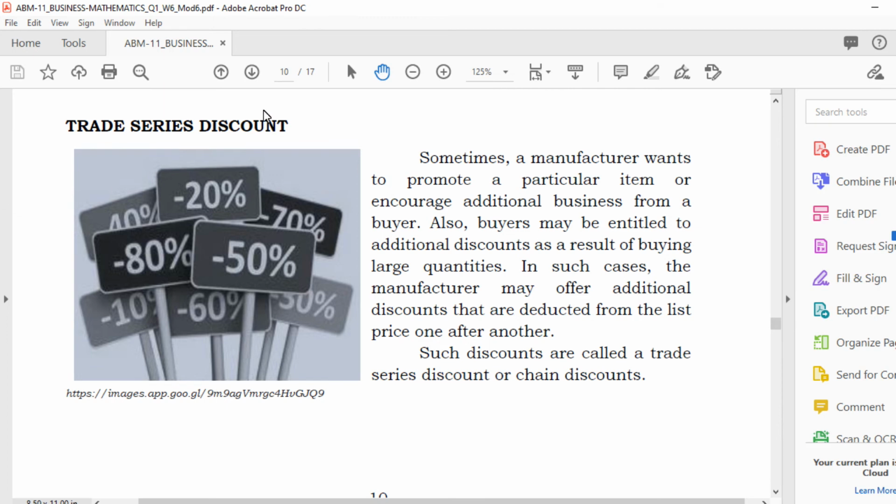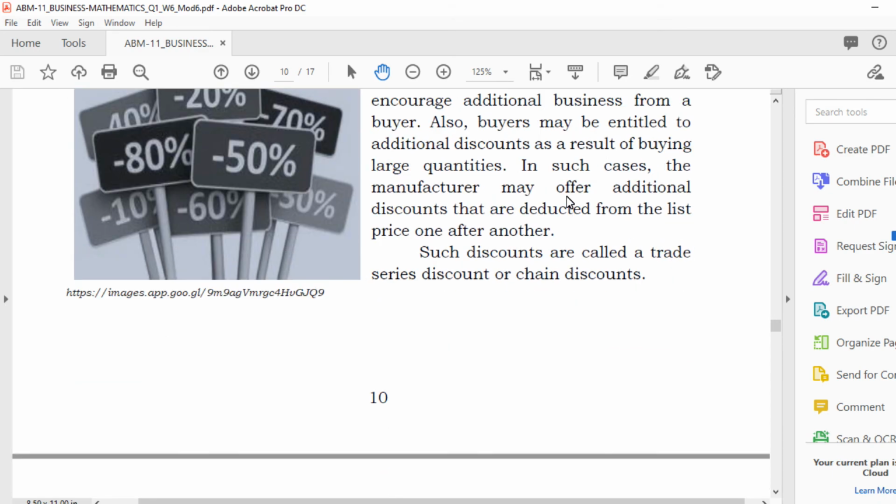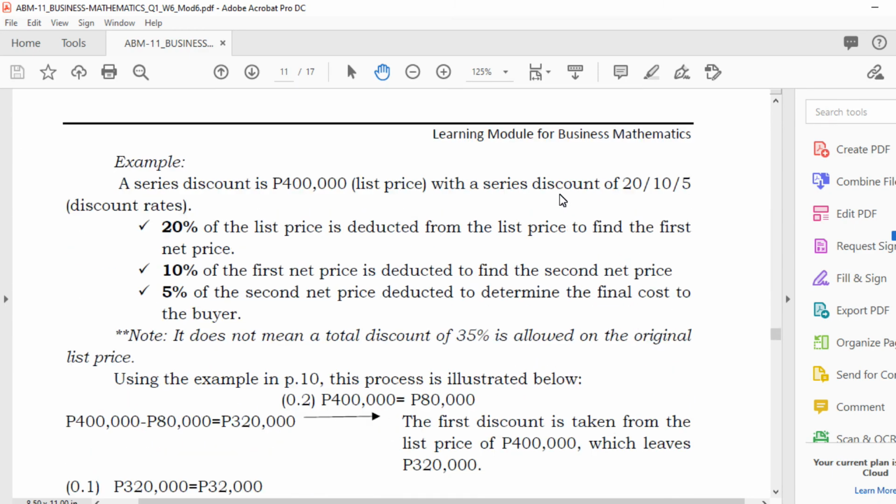Kaya trade series discount, magkakasunod ang inyong discount. 3 beses mo siyang diniscountan. Okay. Bakit kaya nagkakaroon ng trade series discount? Siguro dito sa 20%, for example lang, kaya nagkaroon ng trade discount, ha? Sa 20%, ito yung item na binili mo. Talaga, meron siyang 20%.